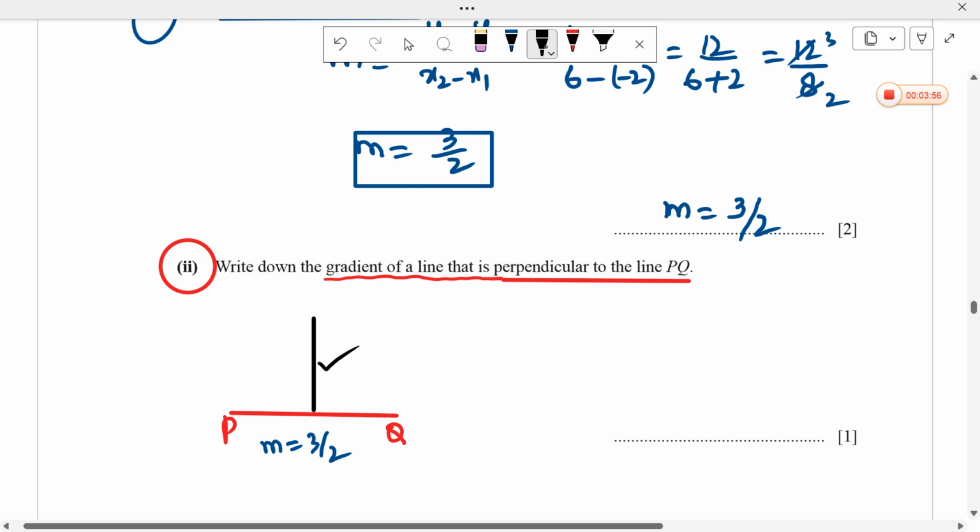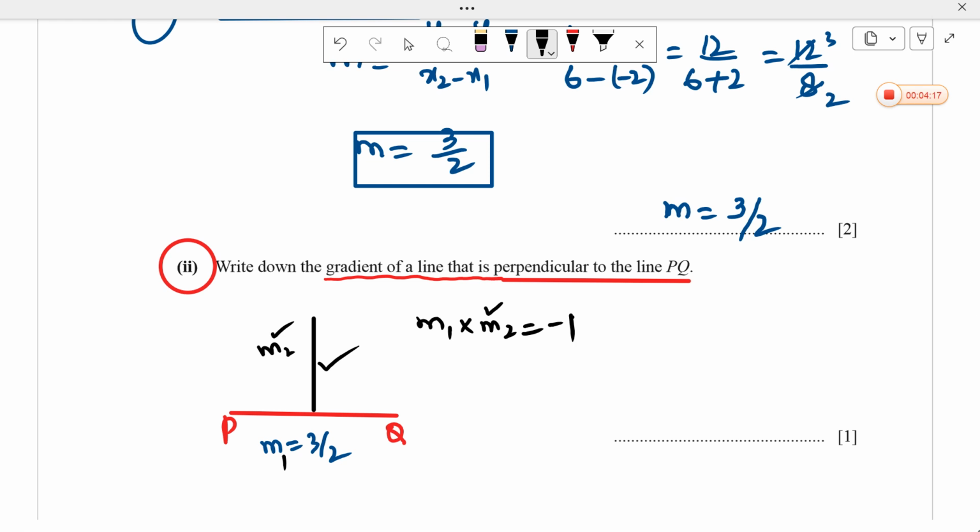And you know very well, we will suppose this gradient is m1 and this gradient is m2, and the condition of perpendicular lines is m1 multiplied by m2 is equal to minus 1, and we have to find m2, the gradient of the second line which is perpendicular to PQ.